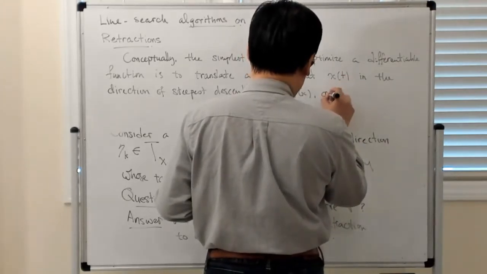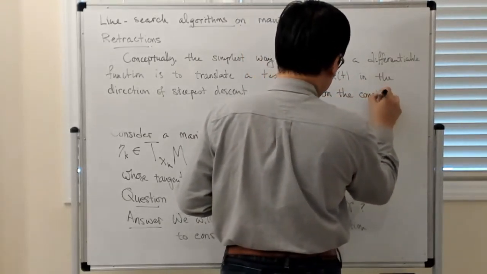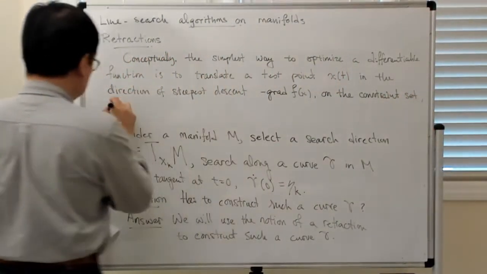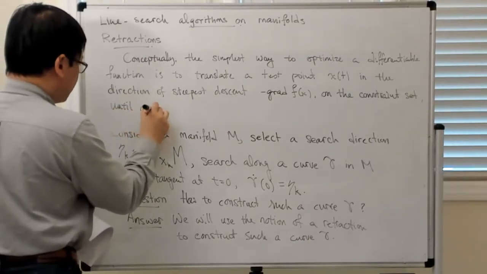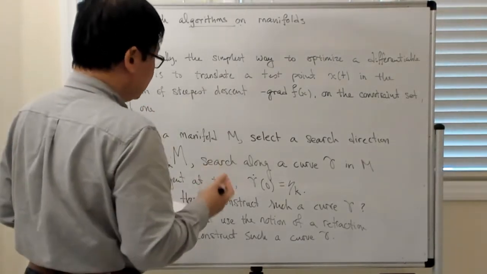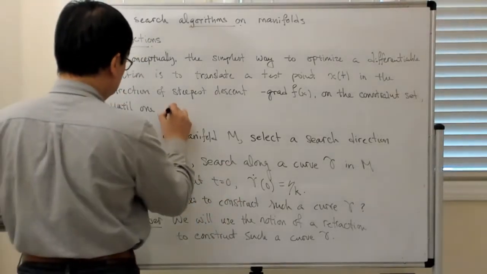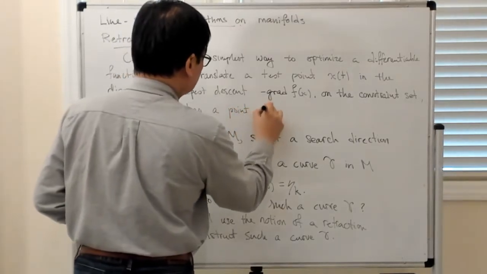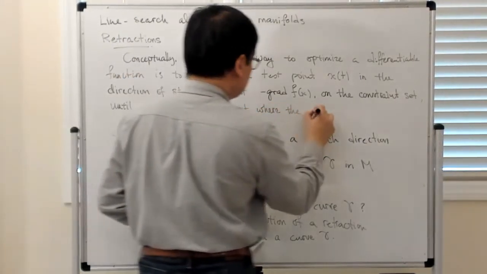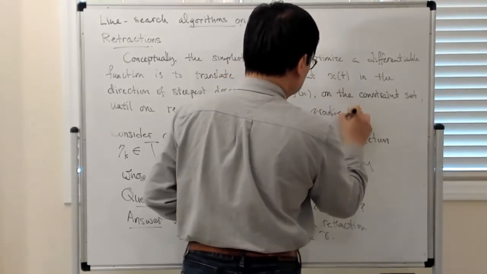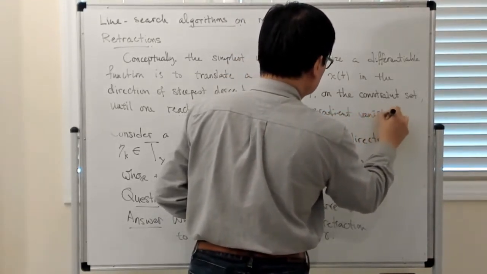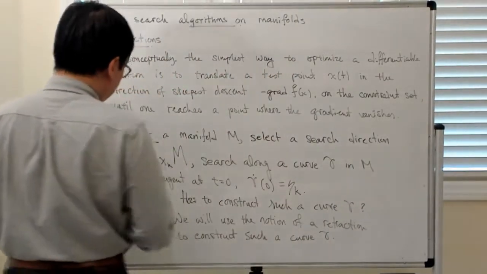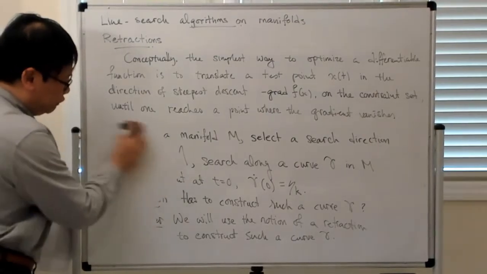You do this on the constraint set until one reaches a point where the gradient vanishes. The points where the gradient vanishes are what are called critical points of the function.